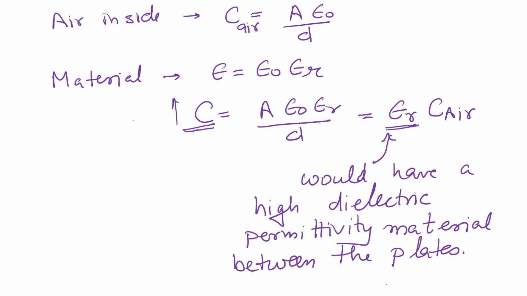Most practical capacitors would have a higher epsilon r. And this is not only true for parallel plate capacitors, this would be true for other geometries we will consider later on.